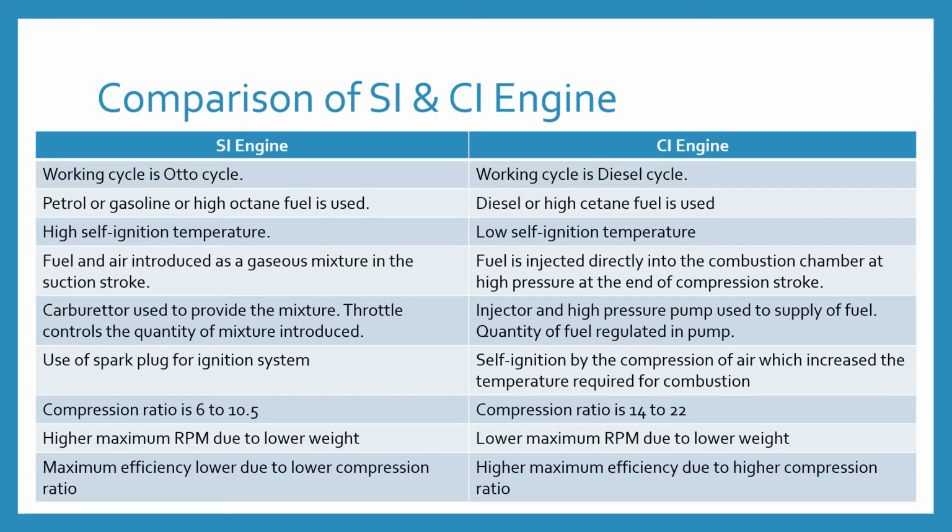In the SI engine, fuel and air are introduced as a gaseous mixture, and then it enters the combustion chamber during the suction stroke. And in the CI engine, fuel is injected directly into the combustion chamber at a high pressure at the end of the compression stroke.